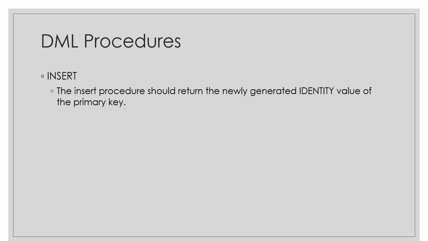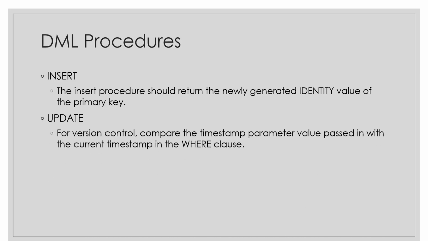For the DML procedures, the insert, update, and delete ones, one of the things that we'll do in our stored procedure for an insert is make sure that if there's a newly generated primary key, the client is probably going to need to know what that is. They don't always, but in many cases they need that information as soon as possible.